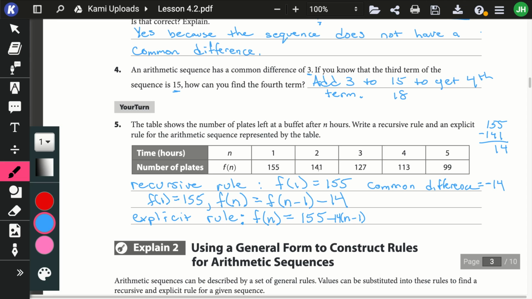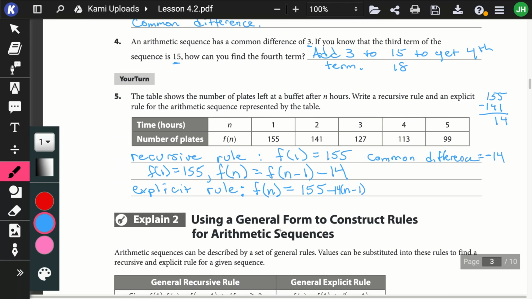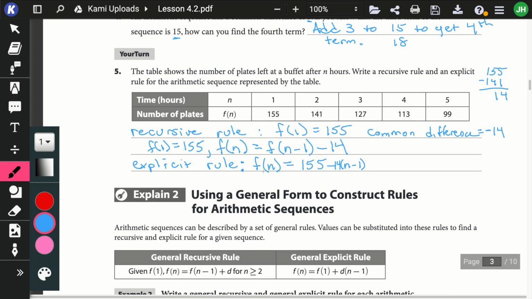So 14 times 2 minus 1 would be 14. 155 minus 14, right? Then we get 155 minus 2 sets of 14s, because n minus 1 when n is 3 would be 2, etc., etc. So when you're looking at this for the explicit rule, f of n equals your starting number, whatever f of 1 is, minus the common difference times 1 less than your n.